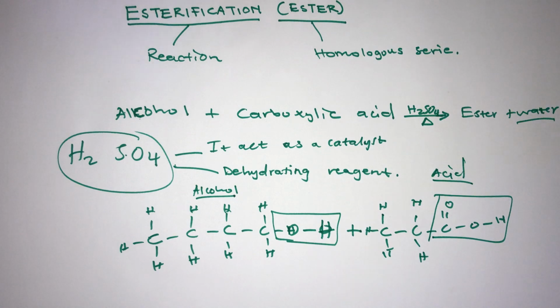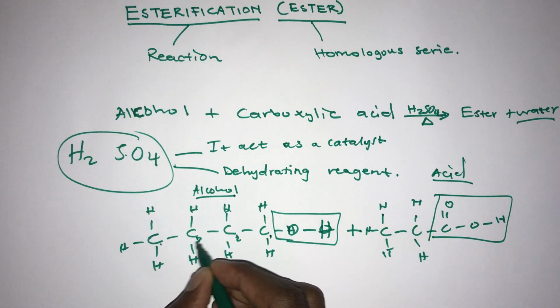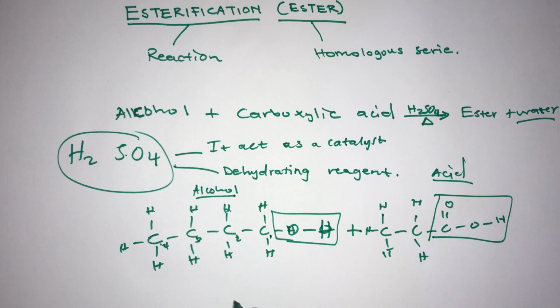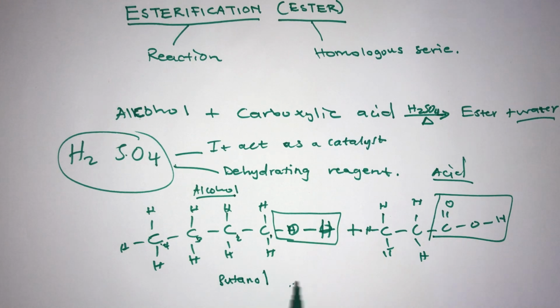That's fine. Now let's check. You are reacting alcohol plus acid. How many carbon atoms here? 1, 2, 3, 4. This one is butanol, because the functional group is on carbon atom number 1.